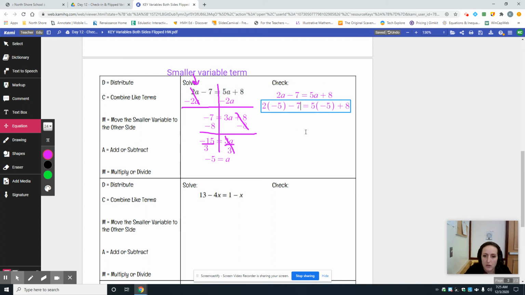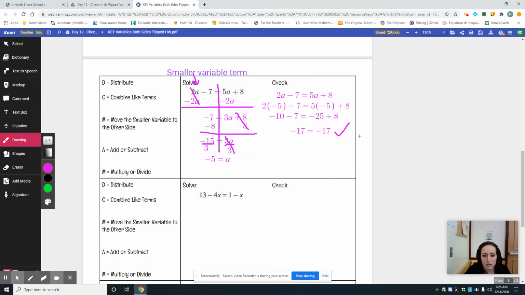All right, so we replaced. Now we recalculate. 2 times negative 5 is negative 10 minus 7 equals 5 times negative 5 is negative 25 plus 8. Now we need to recalculate. Negative 10 minus 7 is negative 17, and negative 25 plus 8 is also negative 17. So we did it right.